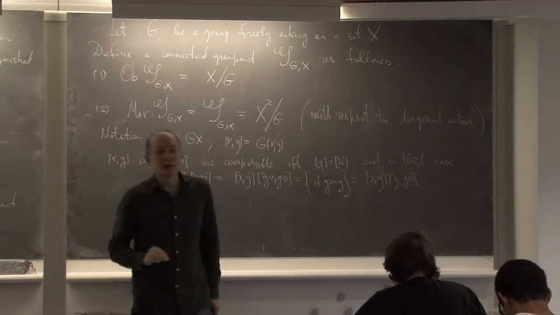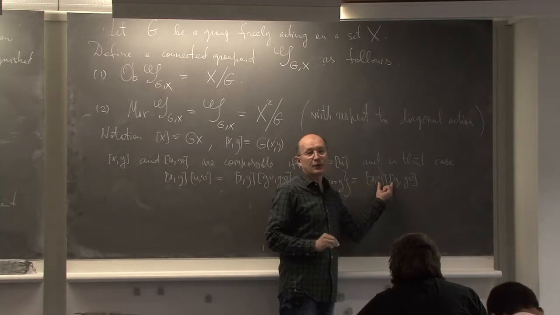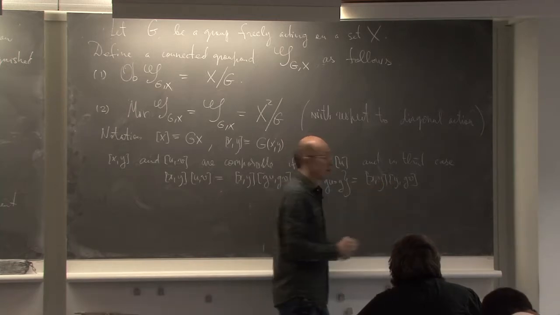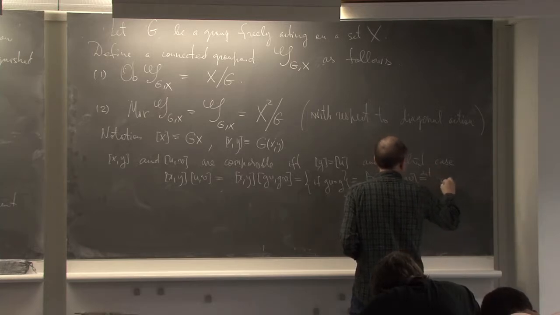And at this moment, the composition rule tells us that we just forget about the middle pair of y's. So by definition, it is [x, gv].